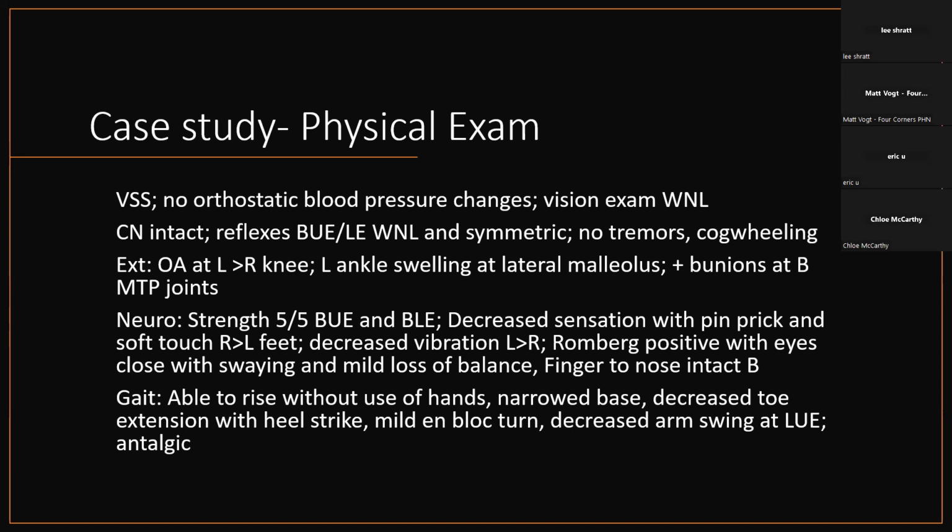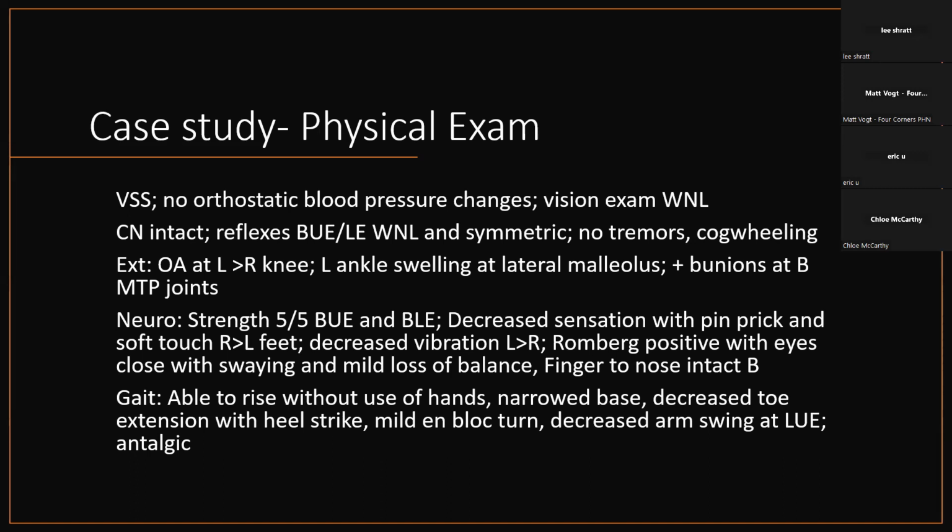She had decreased sensation with pinprick and soft touch, right greater than left, decreased vibration, left greater than right. She was Romberg positive, and her finger to nose coordination was intact bilaterally. She was able to rise without using her hands to help push her up from the seated position. She had a narrow base gait.